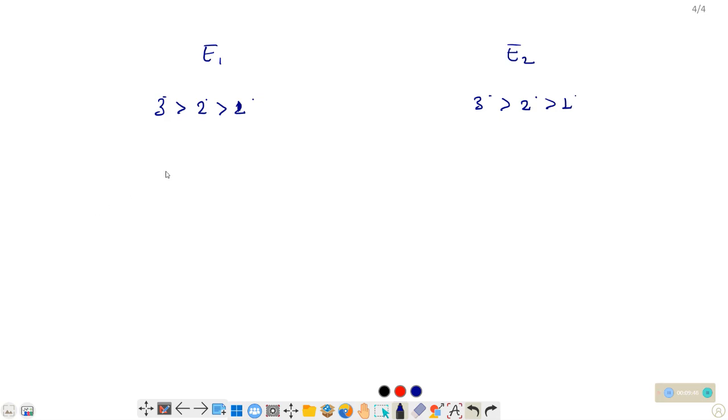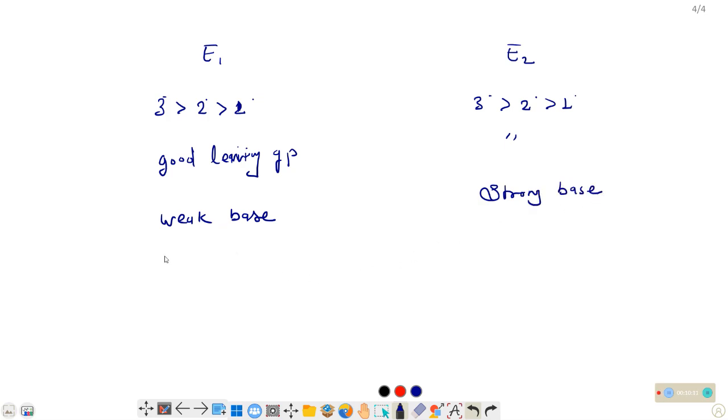A good leaving group should be there in both reaction mechanisms. In E1 we use a weak base, while E2 is favored by a strong base. E1 is favored by polar protic solvent.